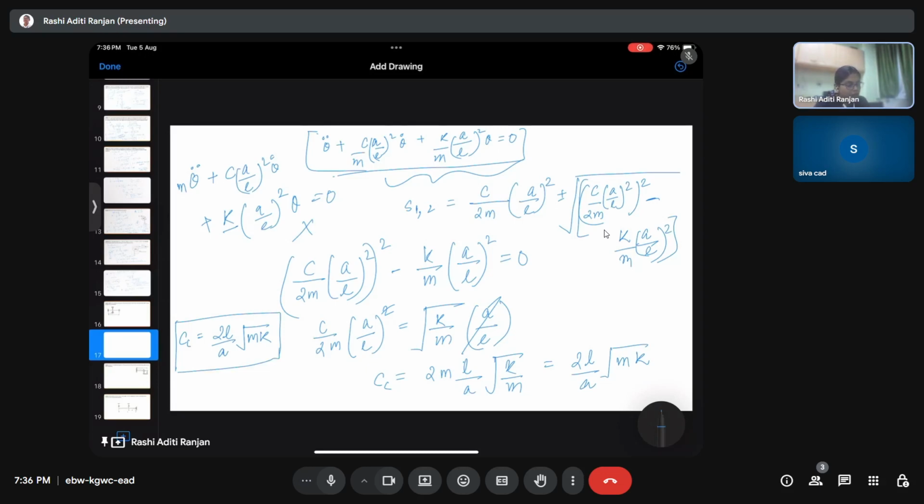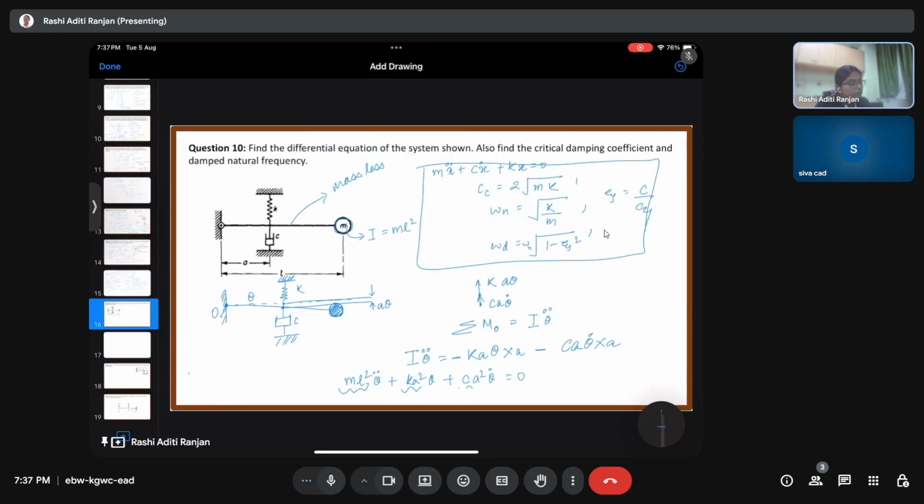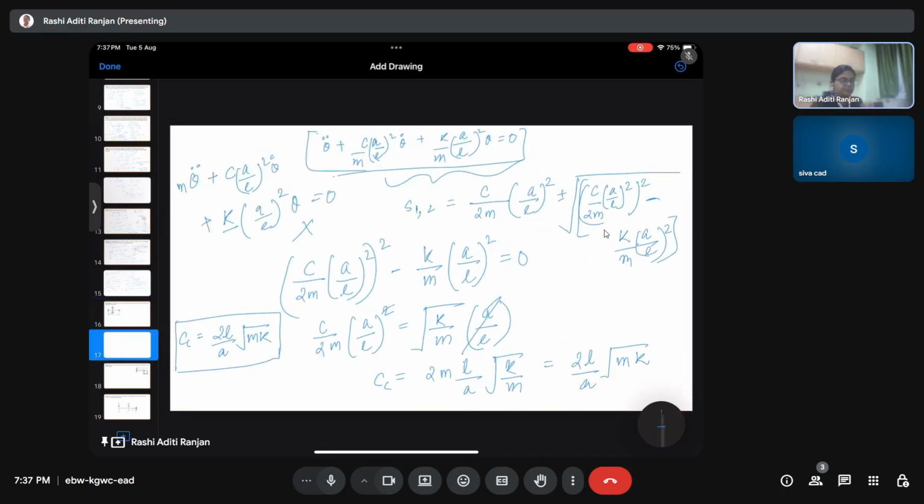Now, coming on to finding the critical damping coefficient, we have already got the equation of motion, and we have to find the damped natural frequency. So what do we have to find for the damped natural frequency?